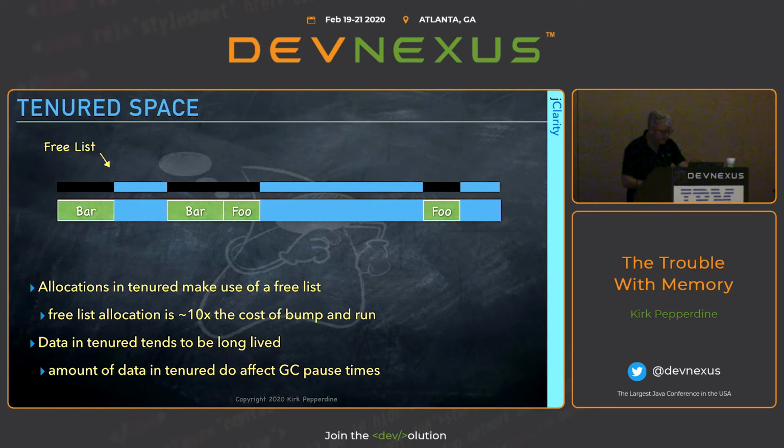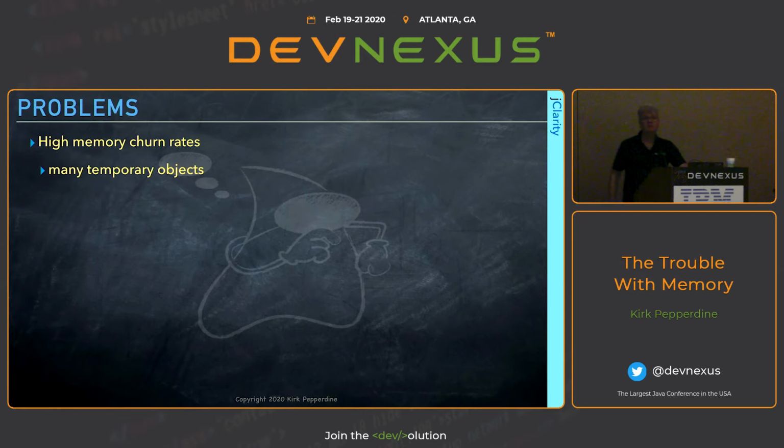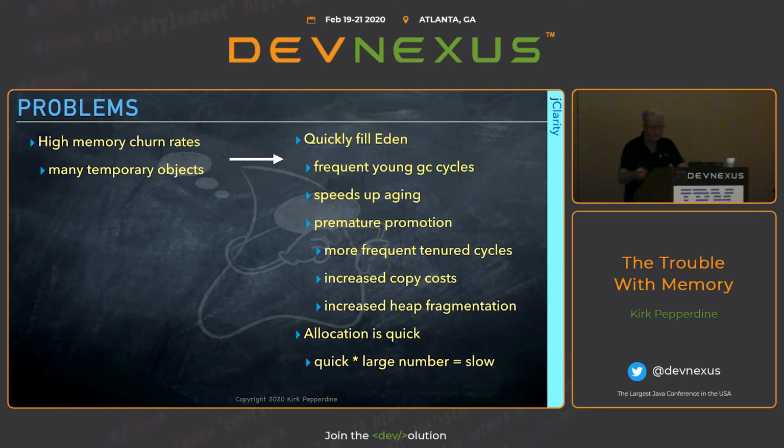Right? And anyways, let's look at some of the problems here. Yeah? So if we look at some of the problems, high memory churn rates create many temporary objects, and that's going to quickly fill Eden, which means we're going to end up with a lot of frequent young GC cycles, which means that we're going to add a lot of tail latency events to our overall latency picture, right?